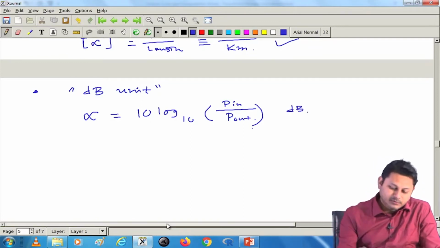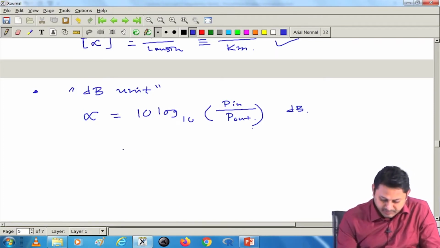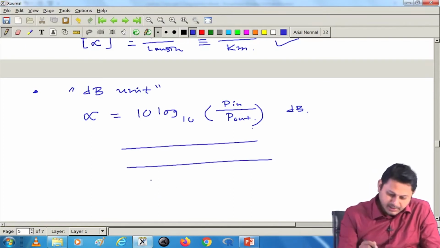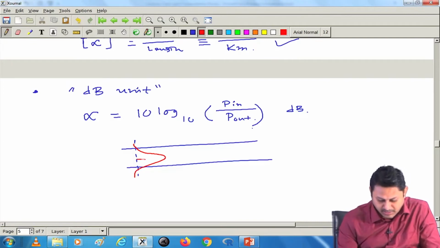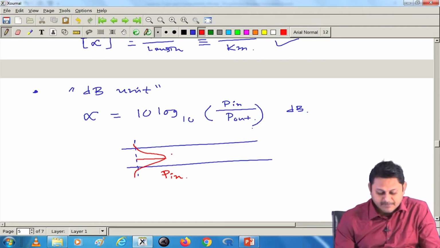I have the input power and the output power. This is the waveguide I have, and like before I have the initial structure. Here I have some value of the peak power, P in, the initial power of this mode, and it is now propagating through the fiber.